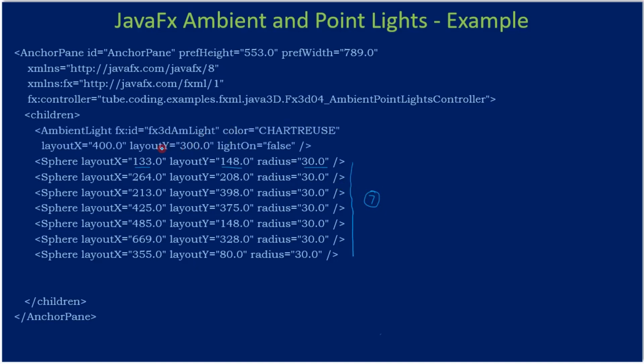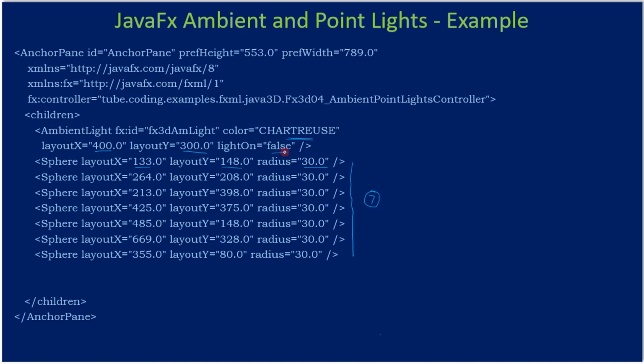And we have an ambient light, and by default it has a default color, but at runtime we will change the color of this ambient light. And if you see, the ambient light is located at layout X 400 and layout Y 300.